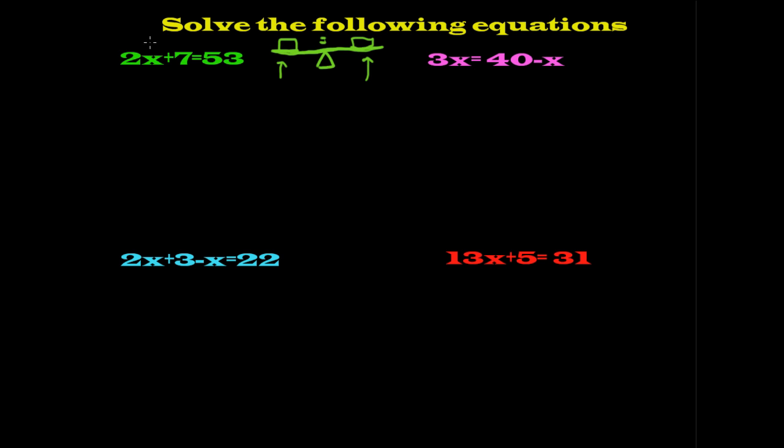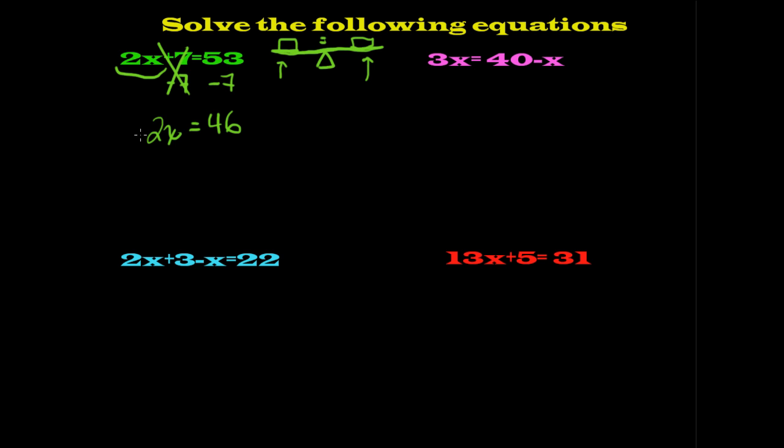So let's begin. First thing I want to do is start isolating my variable. So I will subtract 7 from each side. 53 minus 7 is 46. And here we're left with 2x.